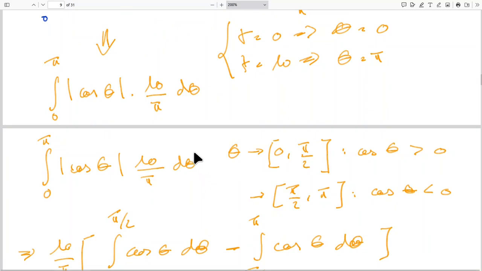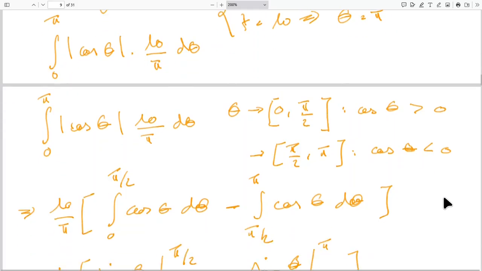Obviously, you cannot work with absolute values, so we'll have to split this one. For θ between 0 and π/2, cos θ will be positive, and for θ from π/2 to π, cos θ will be negative. So we'll split that and put a negative sign in front of the second one.